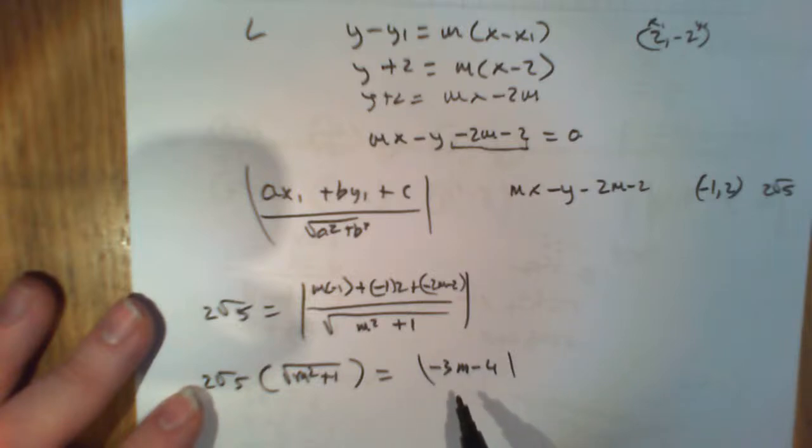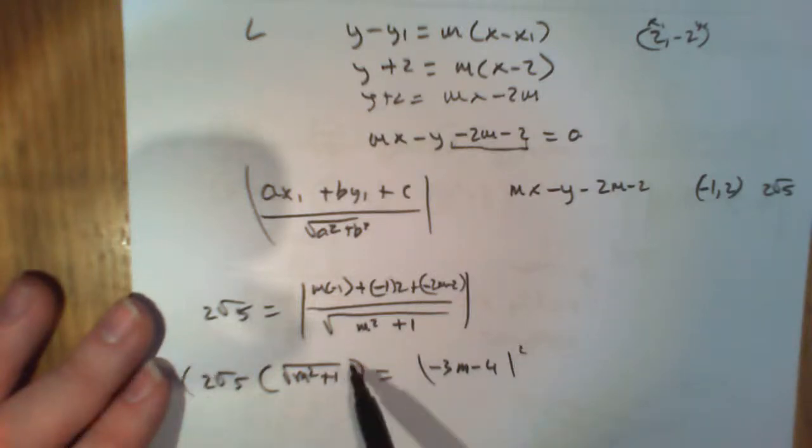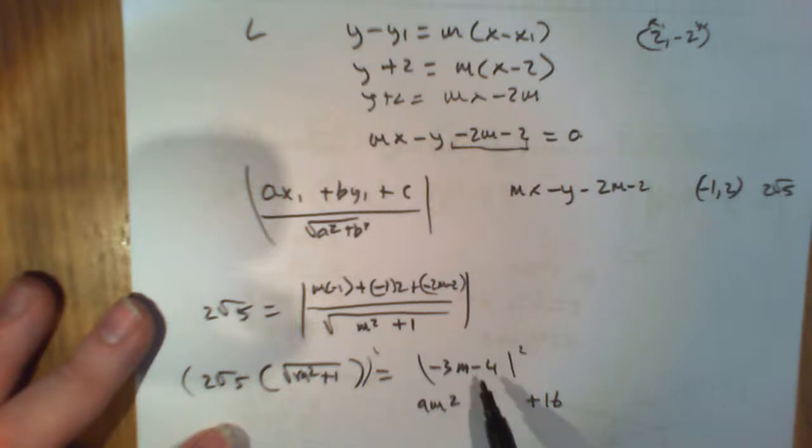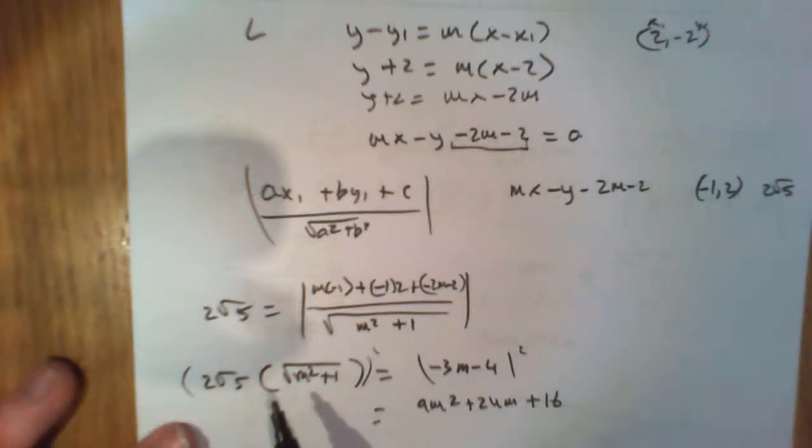If I square this side, I'm going to square this side. Squaring this side, what am I getting here? Square the left, 9m squared. Square the right, 16. Multiply them together, minus 12, 24m. Square this side, ooh.